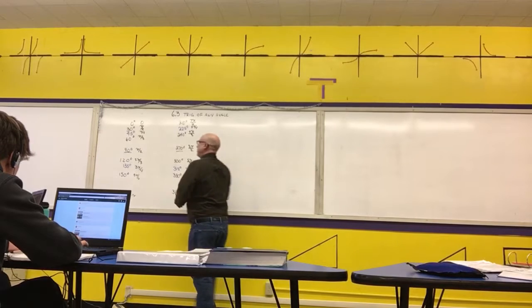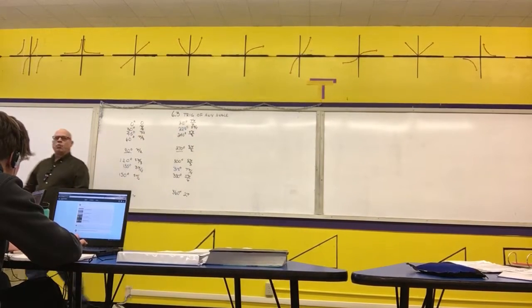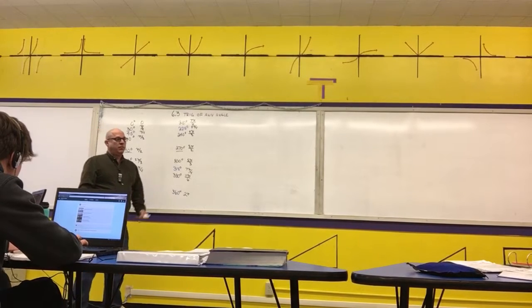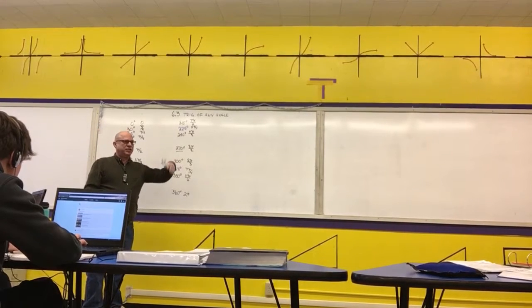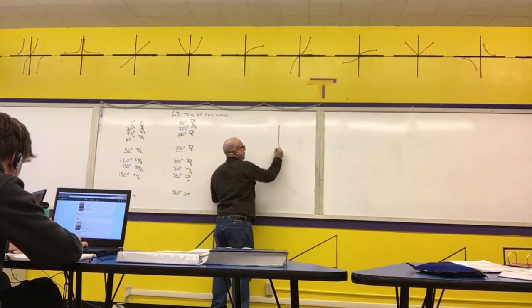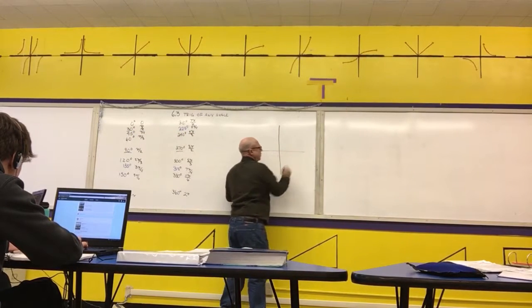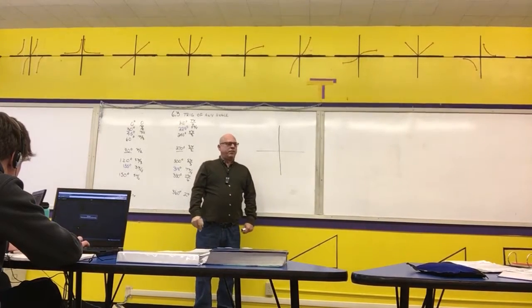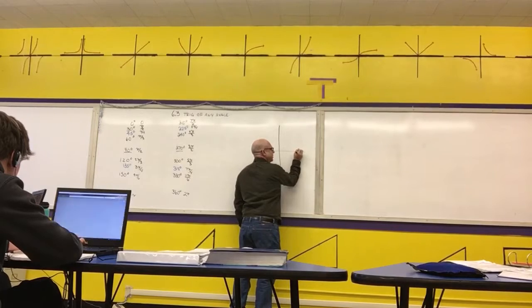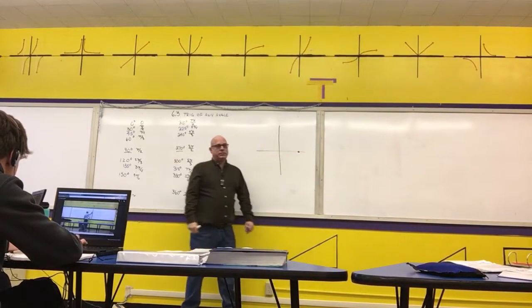So the first things I'm going to deal with, let's get all of the quadrantal angles out of the way. We're going to get all the quadrantal angles, which are my 0, 90, 270, 180s. So the way we're going to figure out what our trig values are for a quadrantal angle is we pick a point on the terminal side.